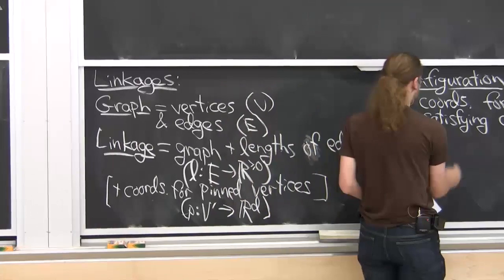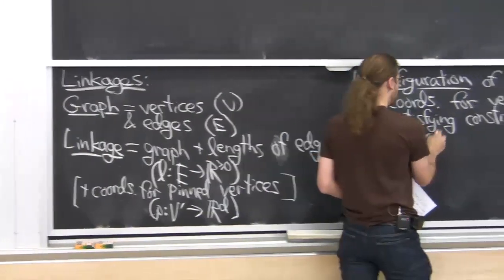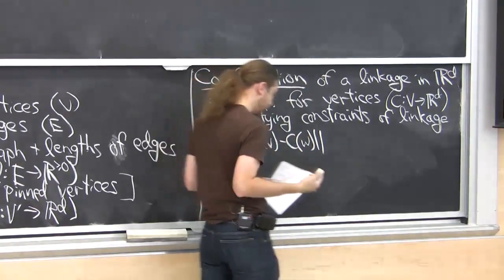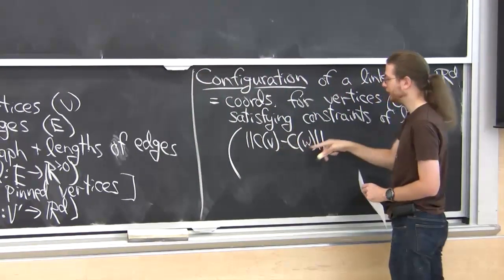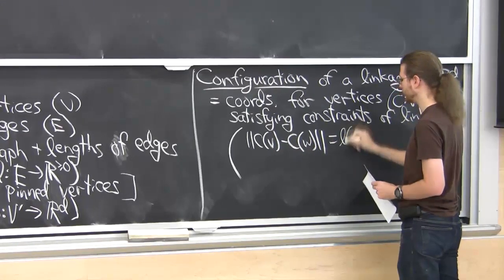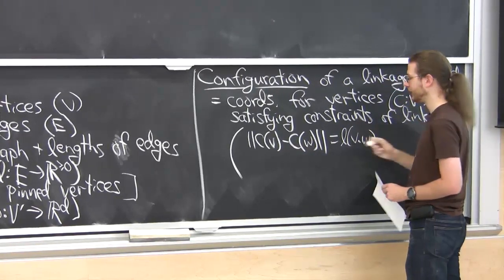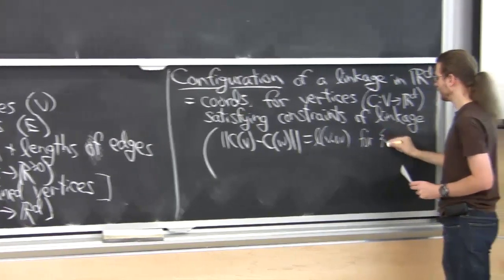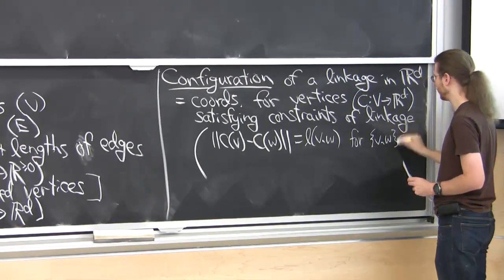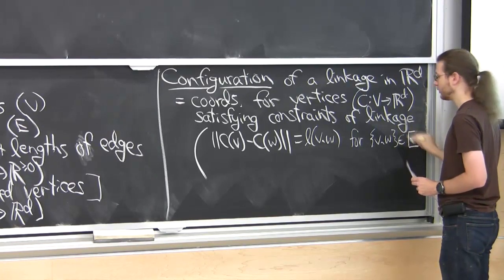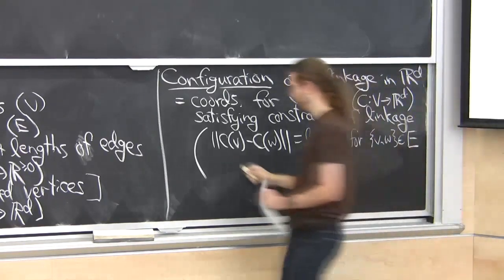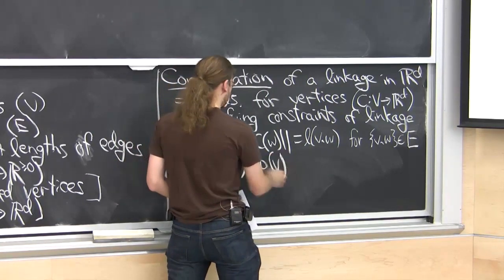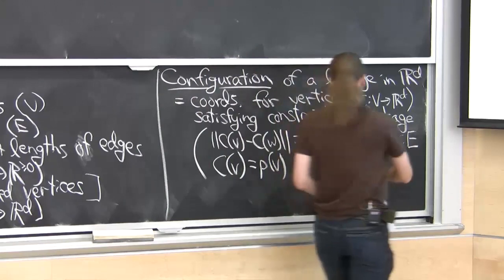So you have to have that if you look at two vertices that are connected by an edge, that edge has a length, the distance between those two points should be equal to the length of that edge as given by that function L. This is for VW an edge. And then for the pinned vertices, the point you choose better be exactly what's given by the pin function.